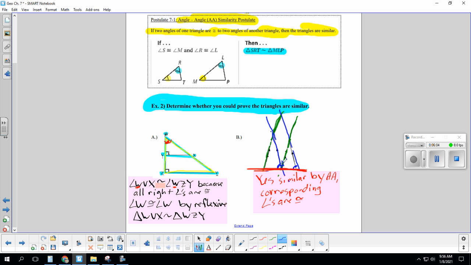If you look, the blue parallel lines cross the transversal, and the angle to the left of where it crosses this bottom line are corresponding. And then we do the same thing with the green. The angles where it touches this bottom line are going to be congruent because they're corresponding angles. And if we have two angles, we know that the triangles are similar.